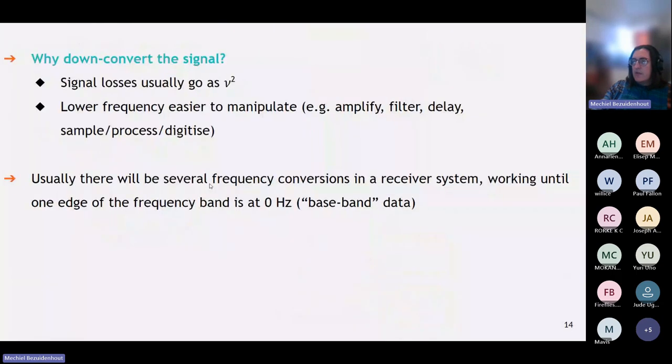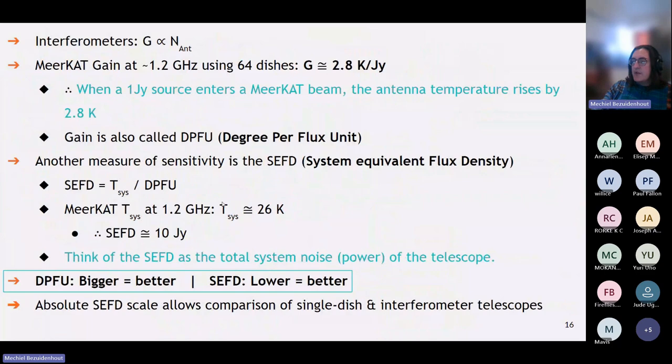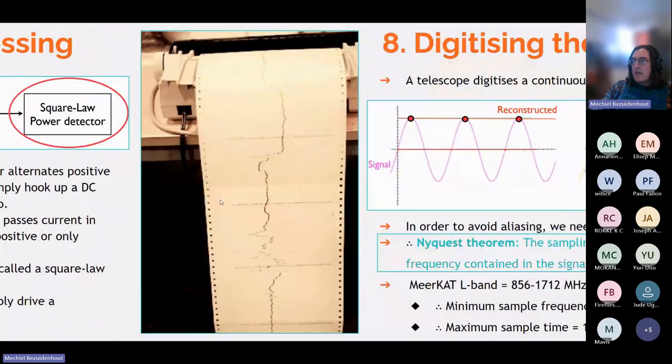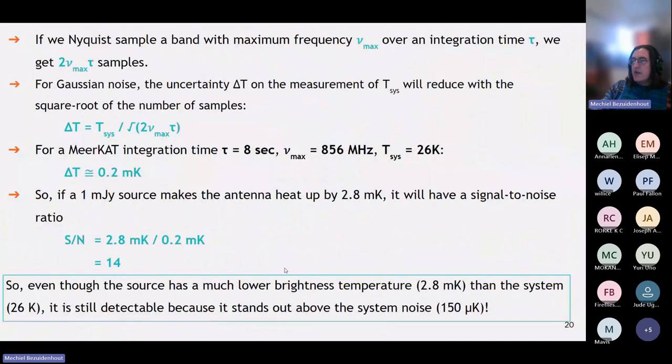So the basis there is that you don't have to compare the brightness temperature of the source to the system temperature directly. You only have to compare it to the noise within the system.